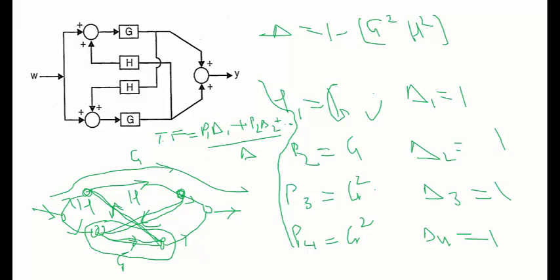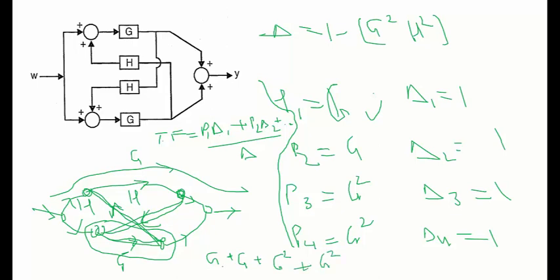Did I miss something? P3 is G square. So this makes G plus G plus G square plus G square.